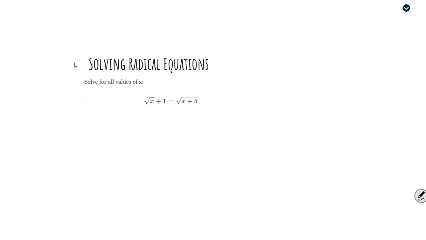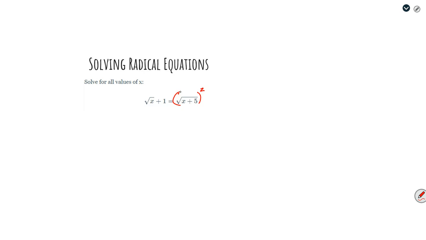All right, this will be our last example. And notice in this one, we have 2 radicals. So that will happen sometimes. And sometimes when you have 2 radicals, you'll have to go through the process twice. So if you've got 2 radicals, pick one to isolate first. The square root of x plus 5 is already isolated, so I'm going to say this is the one I want to isolate, and I'm going to square it.